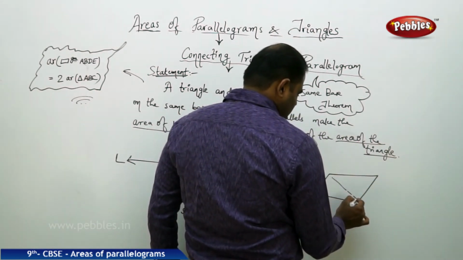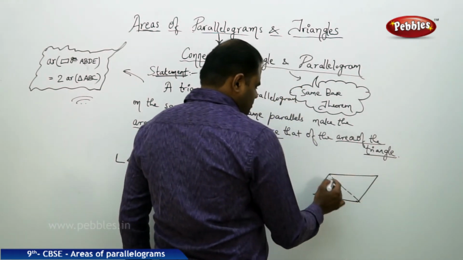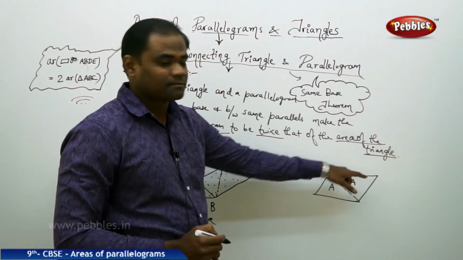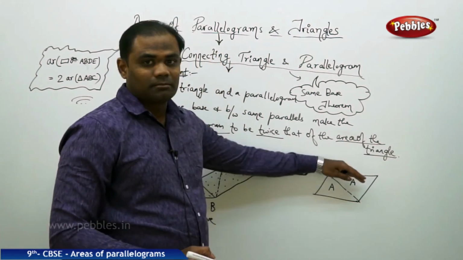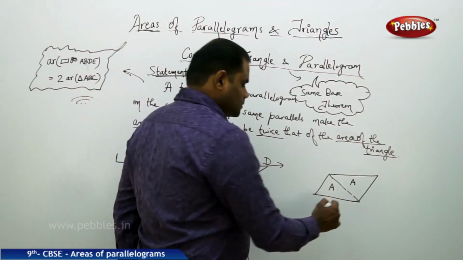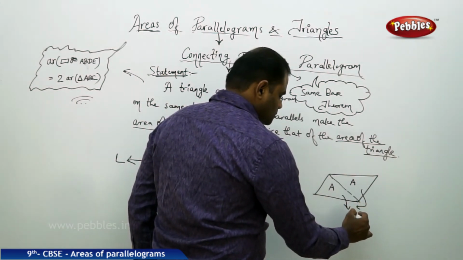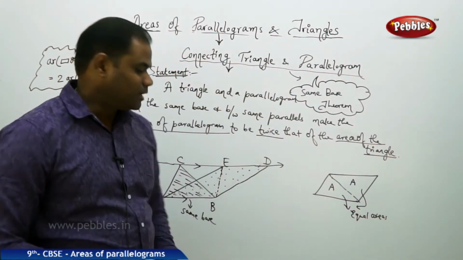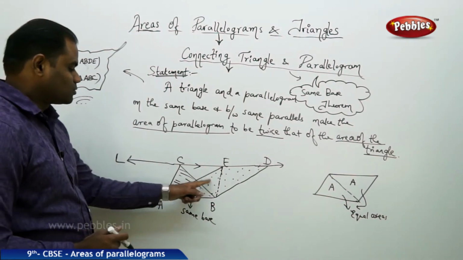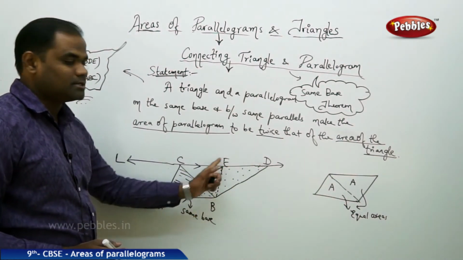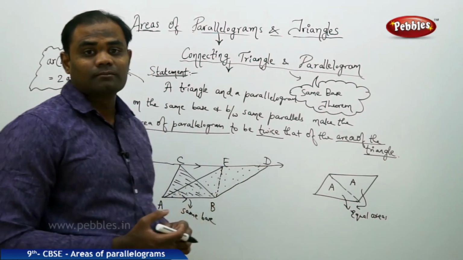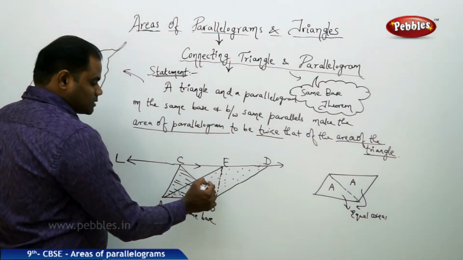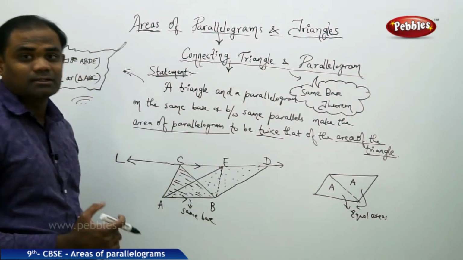So the diagonal divides the parallelogram into two equal areas. And therefore, when I cut the diagonal BE, I get two triangles ABE and BDE in the parallelogram ABDE, whose areas are equal.